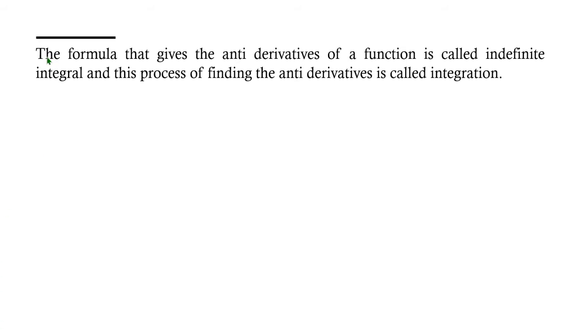The formula that gives the antiderivatives of a function is called the indefinite integral, and this process of finding the antiderivatives is called integration. So I think you are able to understand the meaning of antiderivatives or integral and the process of integration.